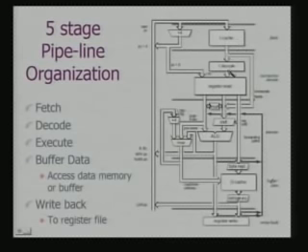Then you do an instruction decode. Here you do the decode as well as select the registers so that you can get the operands to come out of the registers. Next is your execute stage, where you have got your ALU.